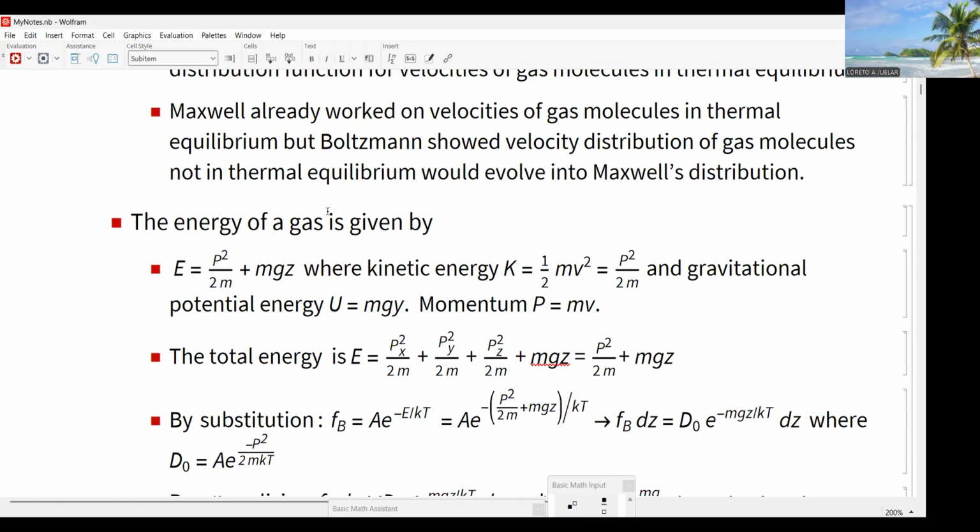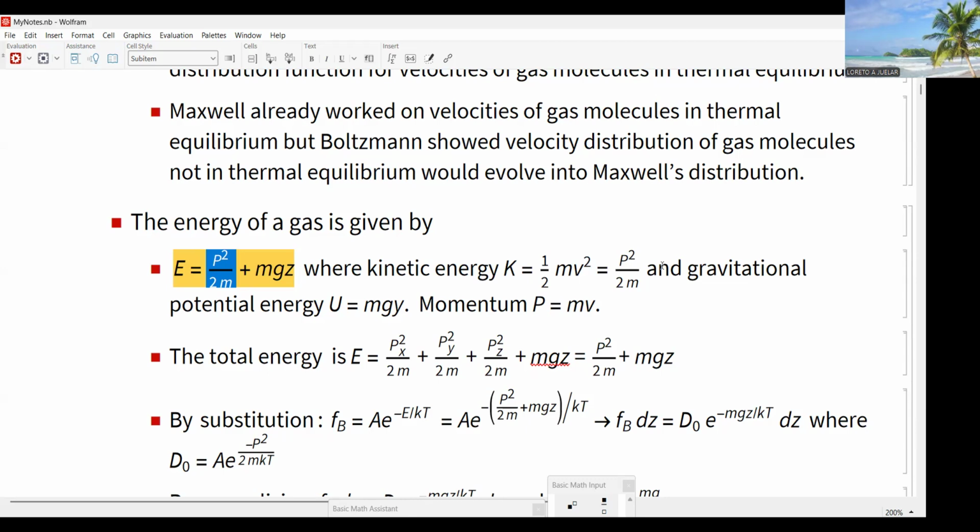The energy of a gas is given by this equation. We have here the square of the momentum over twice the mass, plus mass times acceleration due to gravity. So this one is the gravitational potential energy, and this one is the kinetic energy.